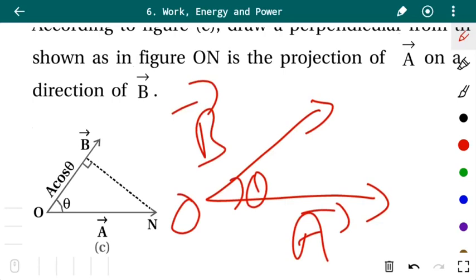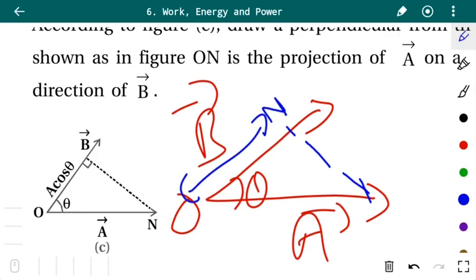Now in the previous case we had taken the projection of B on A. Now in this case we are going to take the projection of A on B.